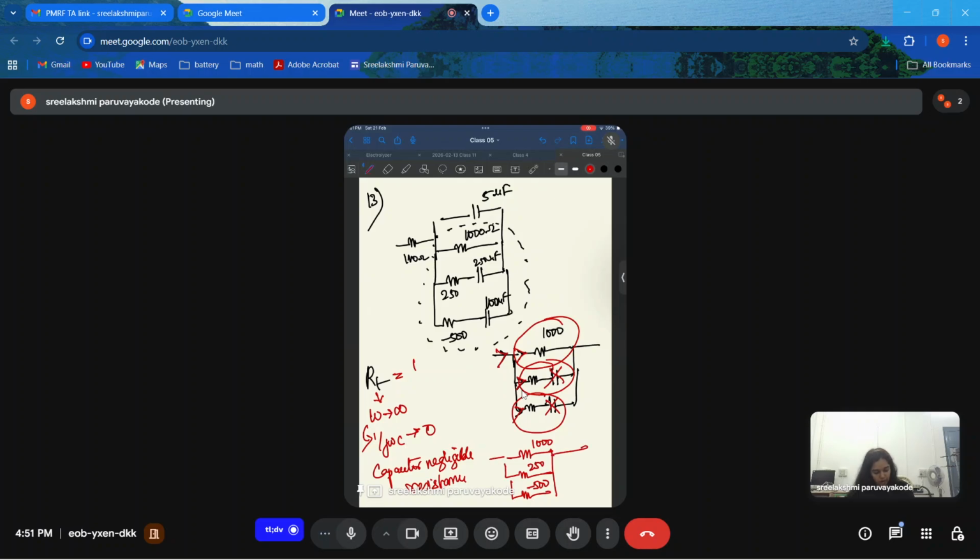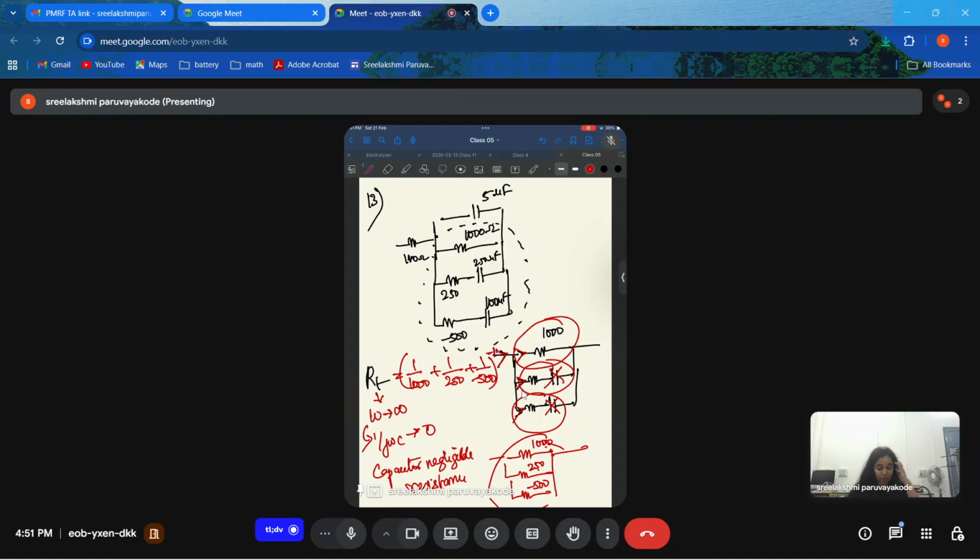So if I solve, 1 by 1000 plus 1 by 250 plus 1 by minus 500, raised to minus 1, because this is in parallel, so I take the reciprocal. So 1 by RT will be 1 by 1000 plus 1 by 250 plus 1 by minus 500.